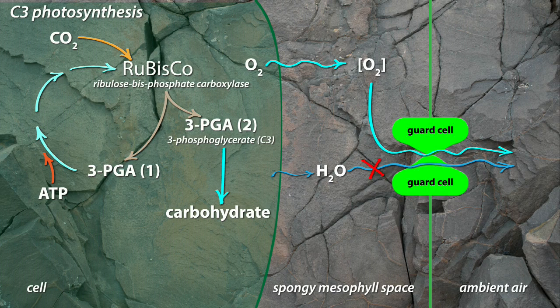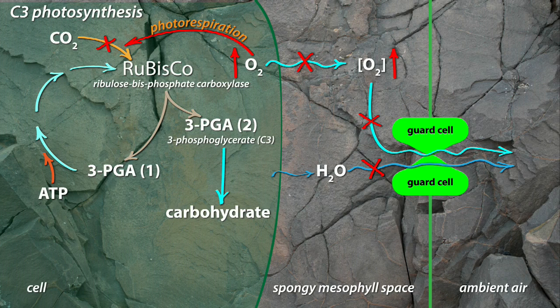This keeps water in the leaf all right, but it also keeps oxygen in there, elevating oxygen concentration in the leaf's air spaces and in the cells. Here's where the conflict arises. Oxygen competes with CO2 to bind with Rubisco. Elevated oxygen within the cell binds to Rubisco, excluding CO2, a process called photorespiration.